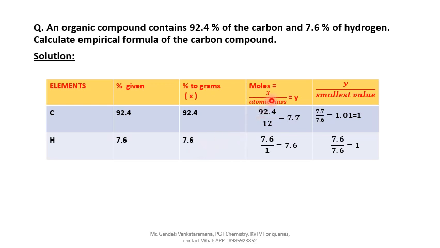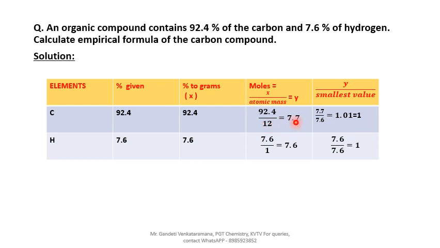Next, 92.4 divided by the mass of the carbon. Already you were given a table to learn by heart the atomic mass of the elements, which is a very important backbone of atoms and molecules. So what is the atomic mass of carbon? 12. Divide by 12, you will get 7.7.